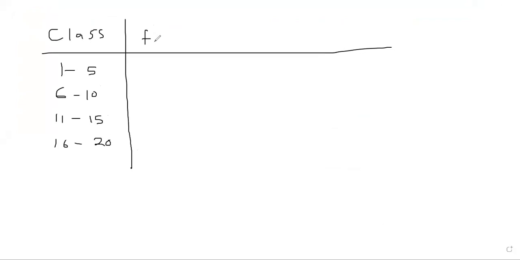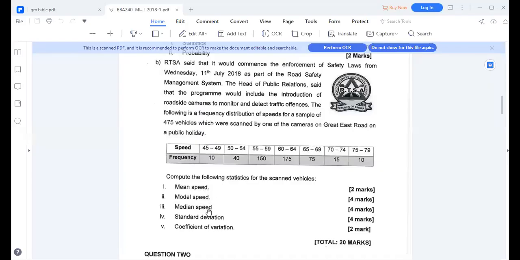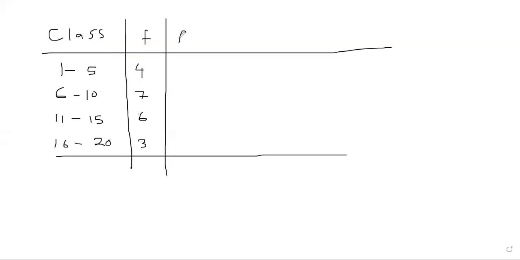And we're told the frequencies are 4, 7, 6, and 3. So the first question we're being asked, given only the classes and the frequencies, is the mean, the mode, the median, standard deviation, and coefficient of variation. So I'll answer all those based on this particular data set.